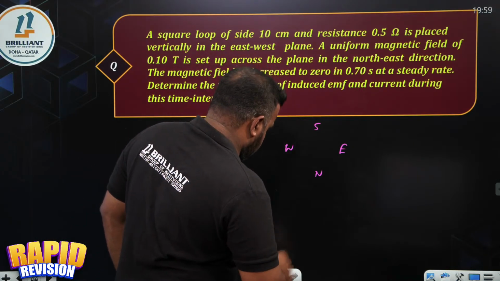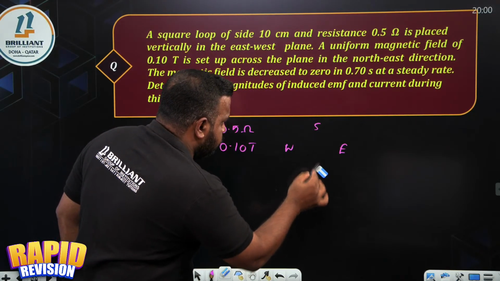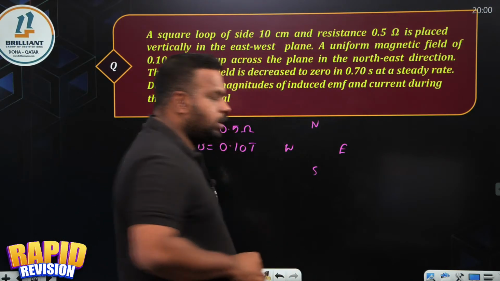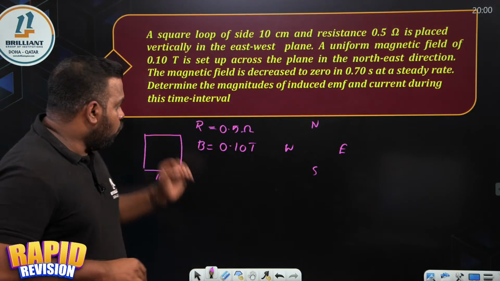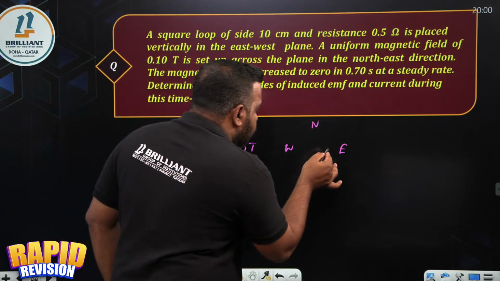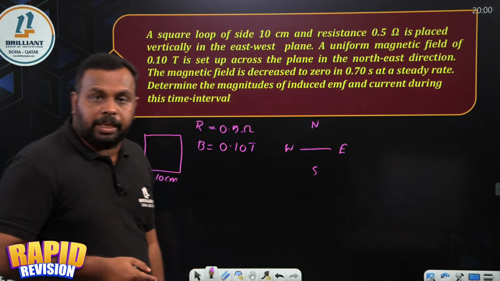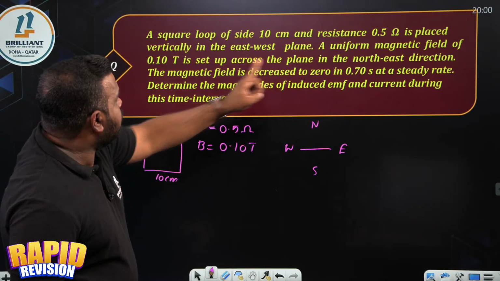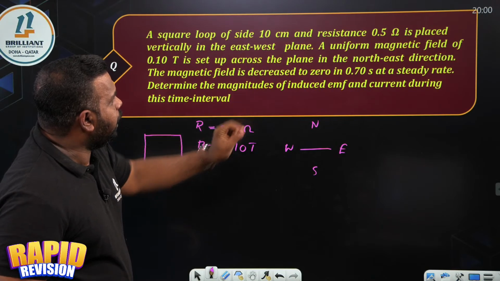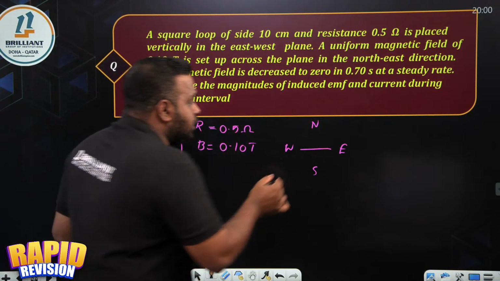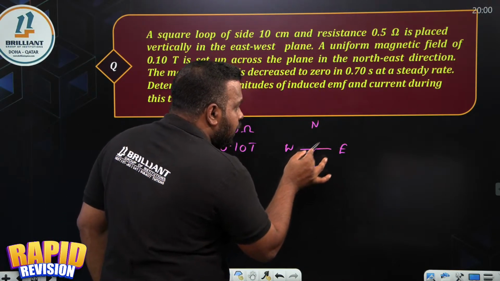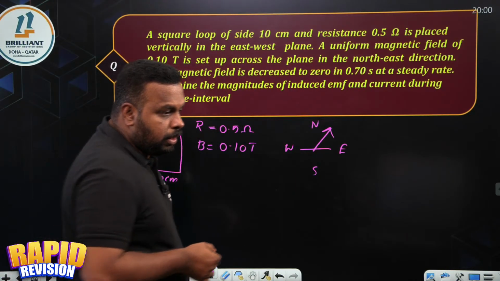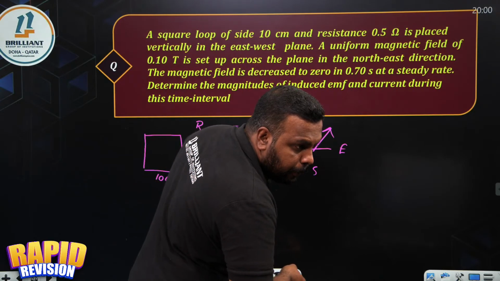Sorry, it is the other way. The plane is kept in east-west, and the magnetic field is set up across the plane in northeast. Northeast means it has to be like this. Please note that.